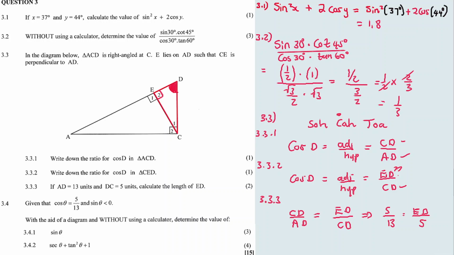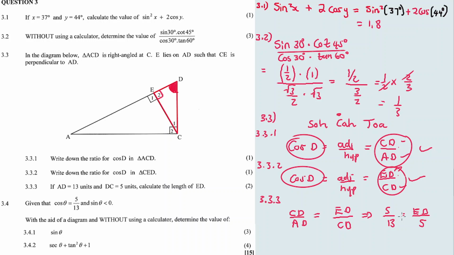It's also 5, right? It's also 5. Ngoba this ratio is equal to this ratio because they are both equal to cos D. So sisebenzisa lama ratios lawa to find ubani uED ngoba the other sides basiphe wona.